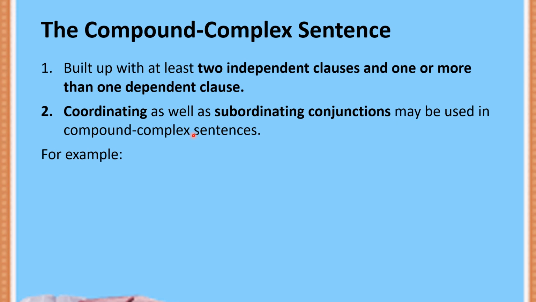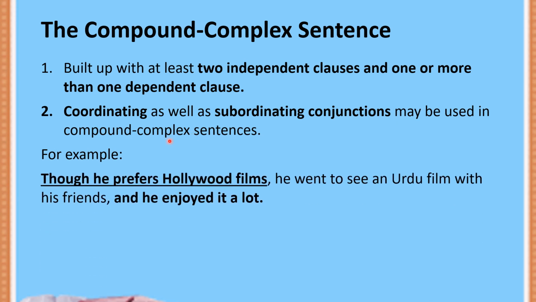For example, though he prefers Hollywood films, he went to see an Urdu film with his friends and he enjoyed it a lot. You can see that the first clause has been bolded and underlined, and this is the dependent clause. It is the subordinate clause. While he went to see an Urdu film with his friends is the independent clause.